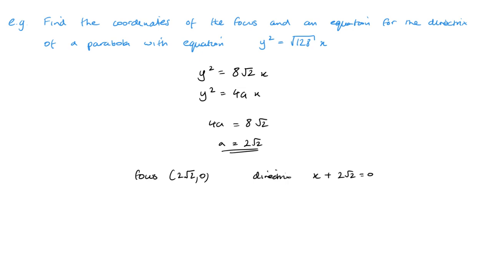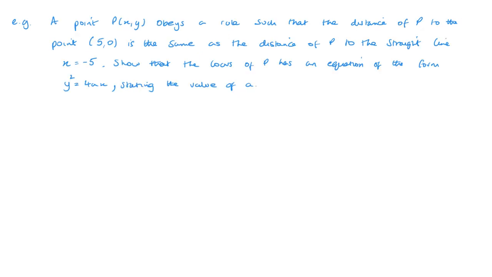Now, sometimes you have to find the equation of a parabola, but you have to show it rather than just state it as we've done in these examples. So here is one of those types of problems. A point (x, y), so P, obeys a rule such that the distance of P to the point (5, 0) is the same as the distance of P to the straight line x equals negative 5.